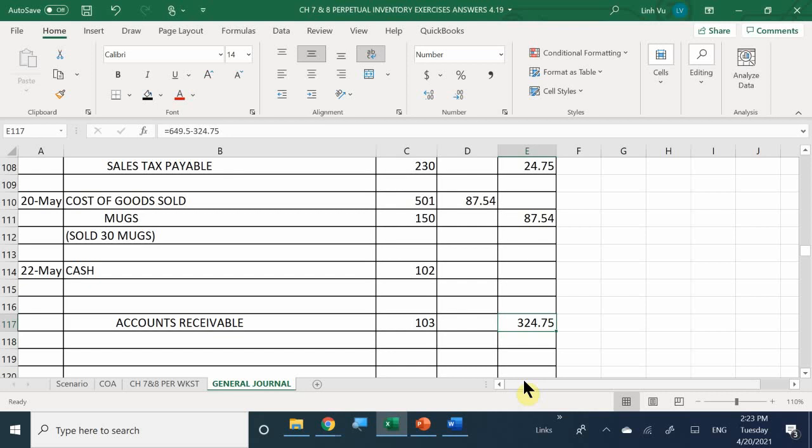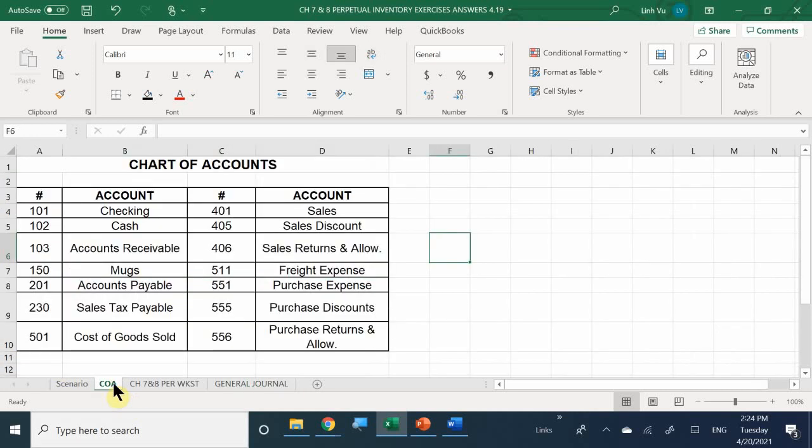Now, because he's paying me within the discount period, I need to grant him his discount, which is 10%. So in this case, what account am I going to be using here? Let's take a look at my chart of accounts. Sales returns and allowances?